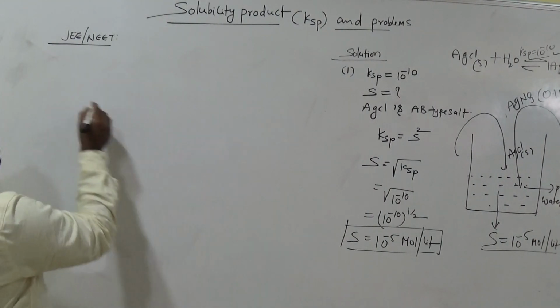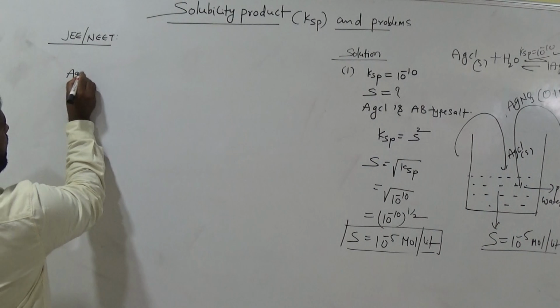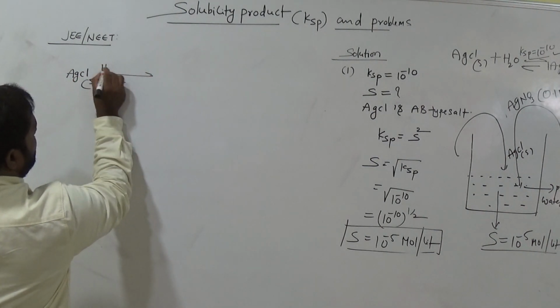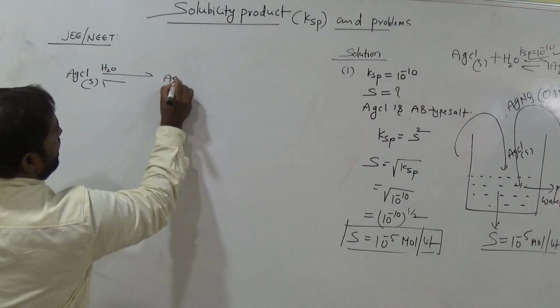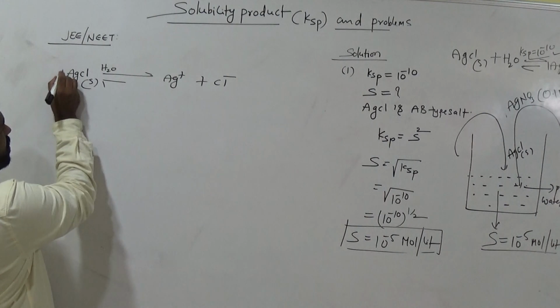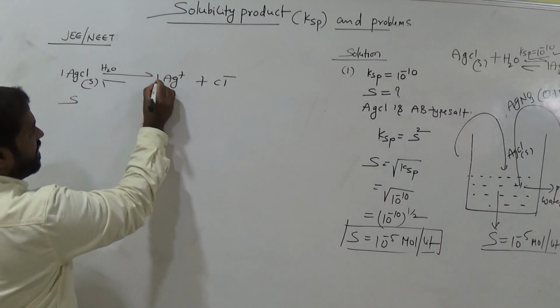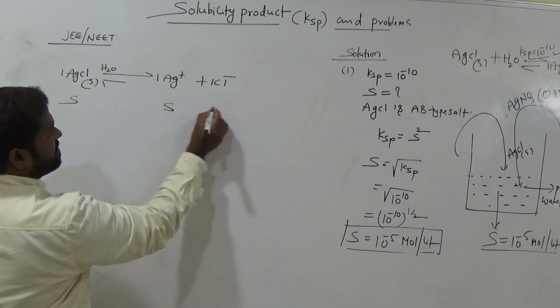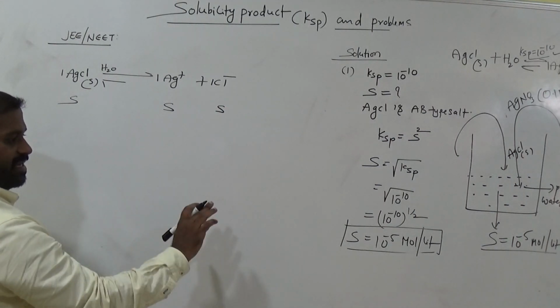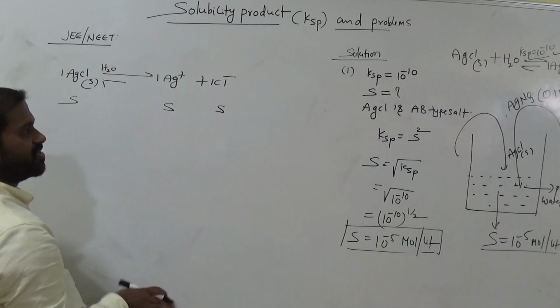So now in that beaker, what is the first equation? AgCl solid in pure water gives Ag plus and Cl minus, am I right? Clear? Now suppose its solubility is S, so here it is 1, and it is S and S. Now we add AgNO3.